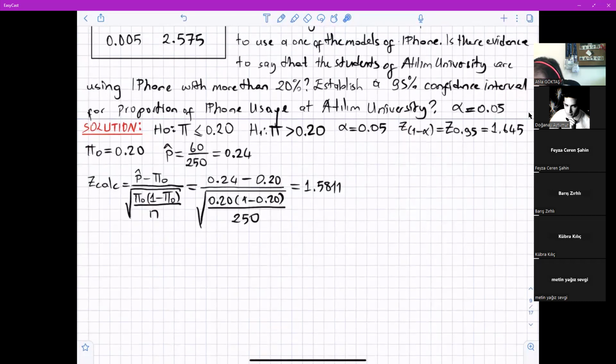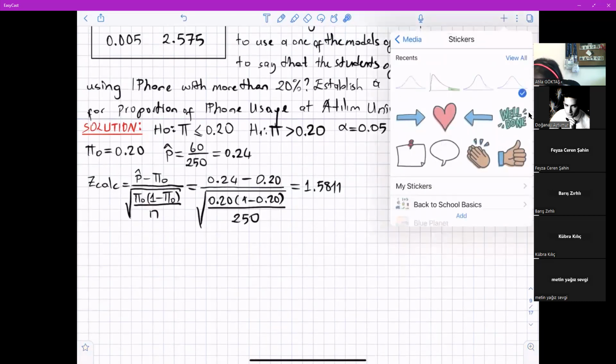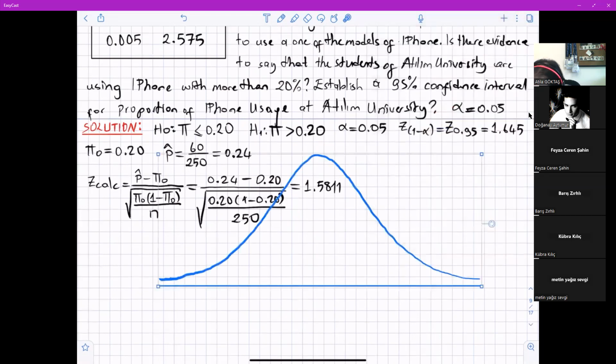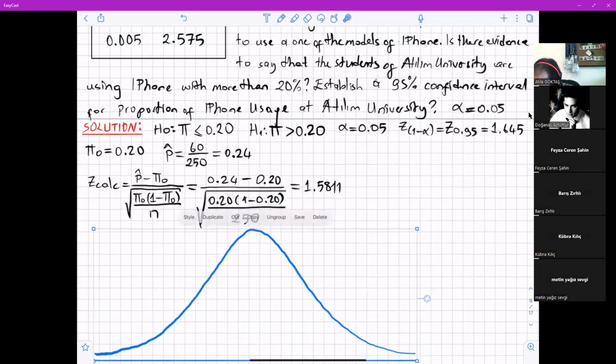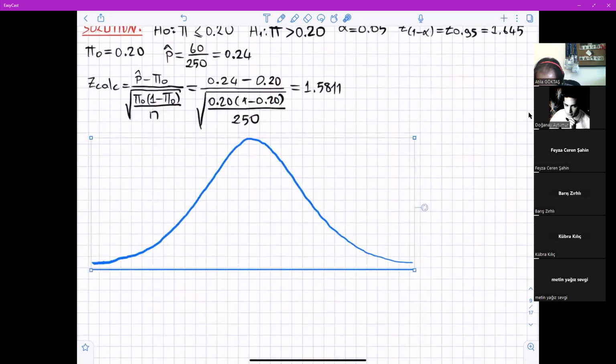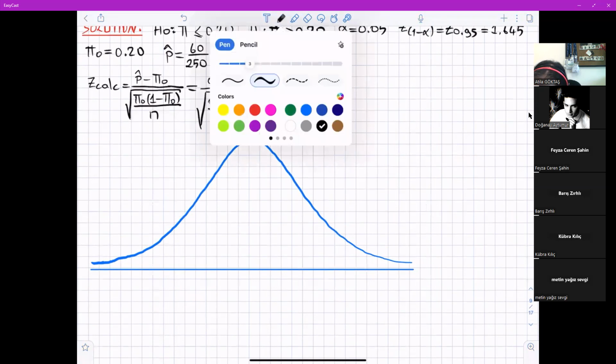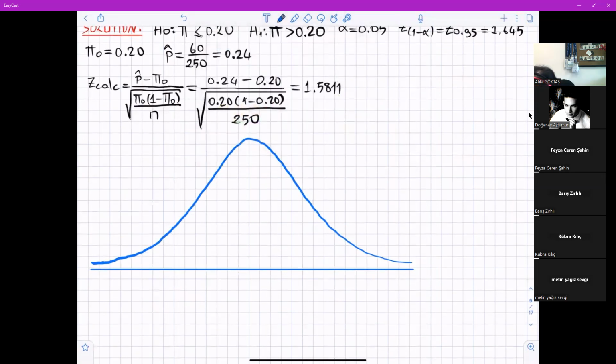Let me have a graphical display of the Gaussian distribution. For this example, I will have the critical value on the right side.